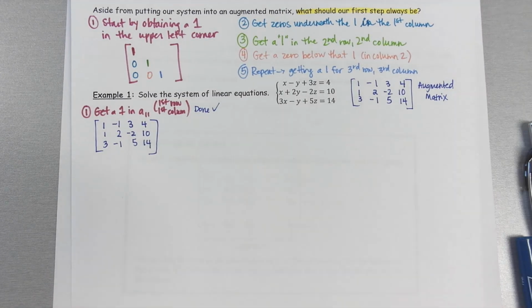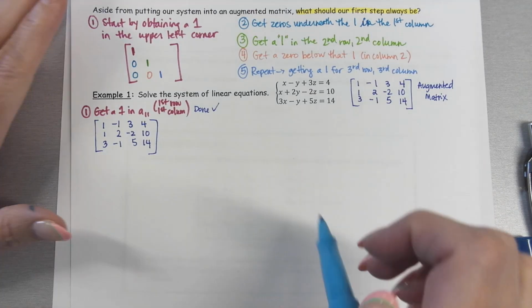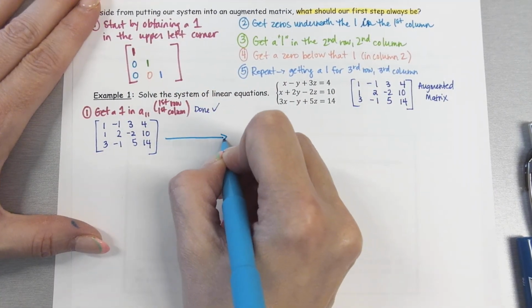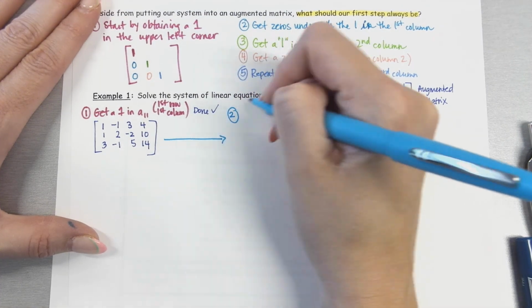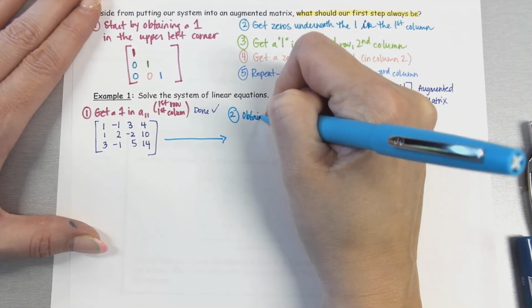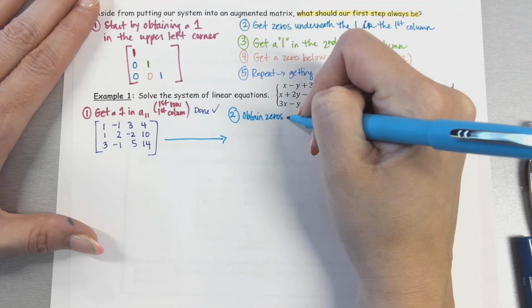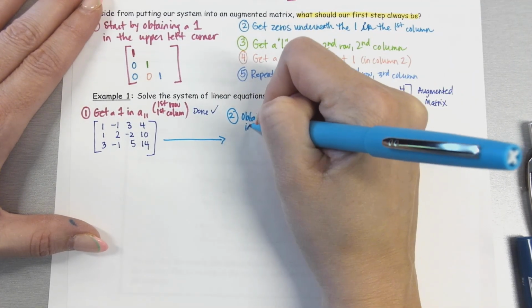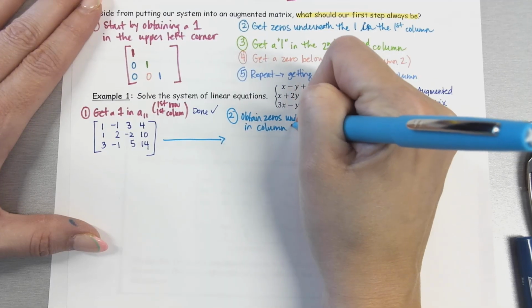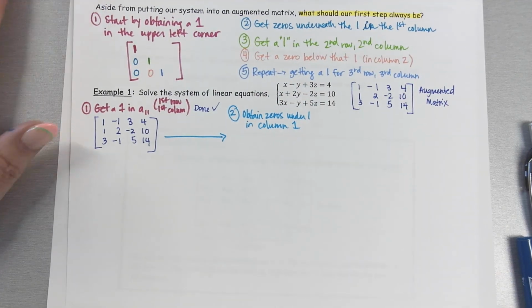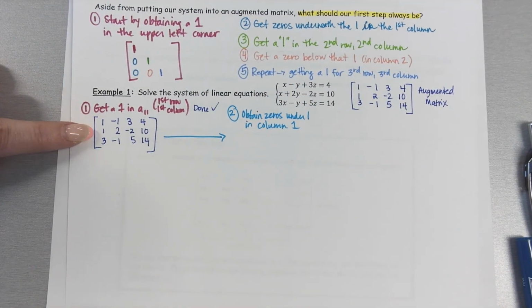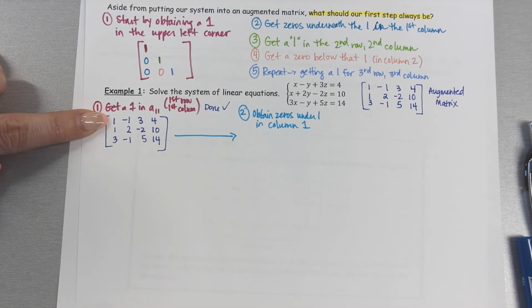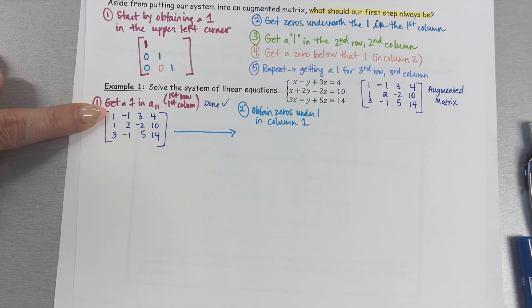All right, and now we are going to get zeros underneath the 1 in the first column. If we're going to do that, I recommend that you always do the opposite of this leading 1, is what we call this.